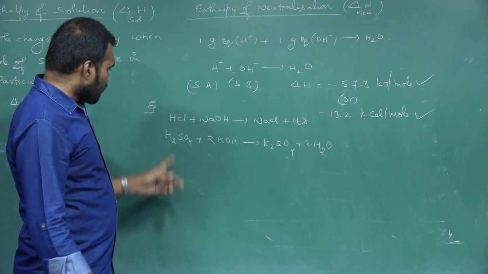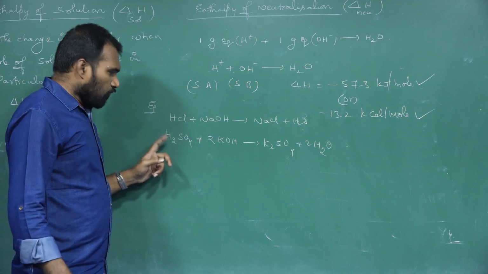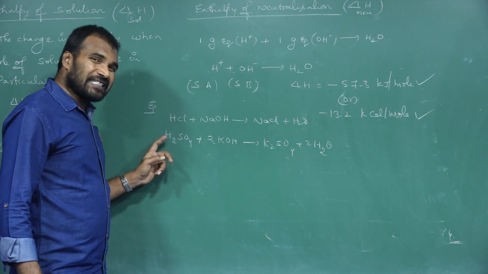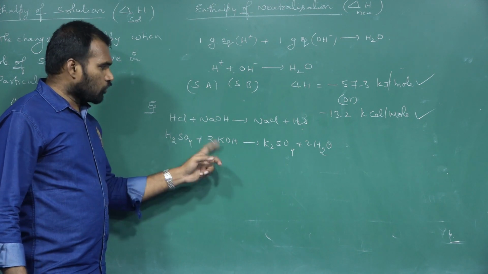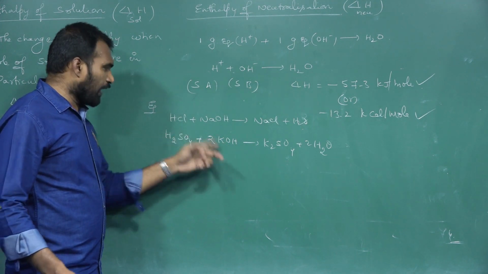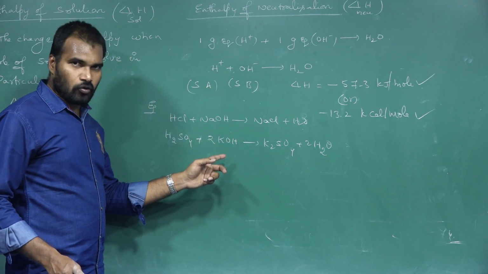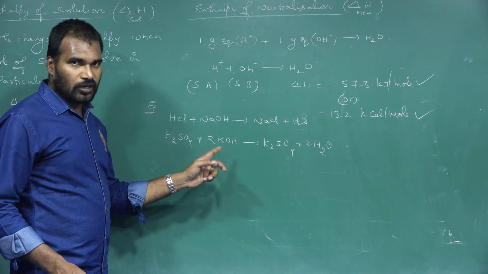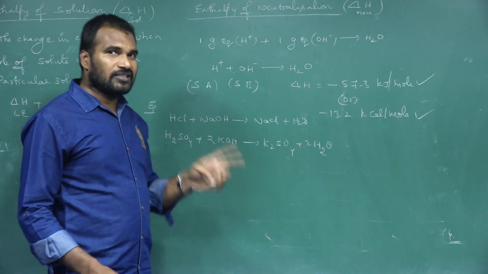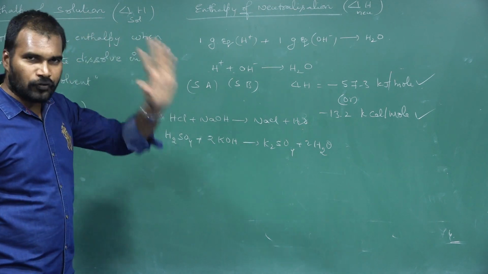Here H2SO4 and here 2 moles. So here 1 mole of H2SO4, its acidity is 2, and the 2 moles of KOH, its acidity is 1. But n-factor values are the same. That means 1 gram equivalent is mixed with 1 gram equivalent only. Don't be confused. If you are strong in mole concept, you can easily understand this. So this is about enthalpy of neutralization.